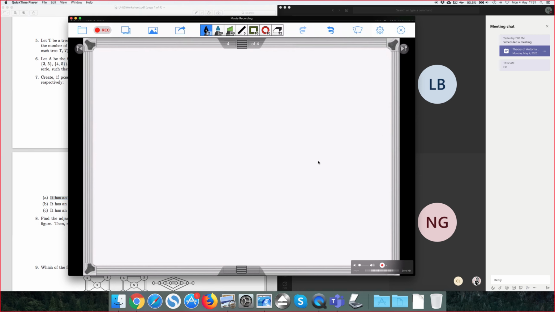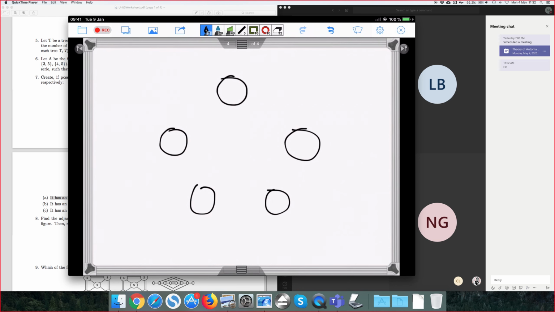Okay, so we need 5 vertices, and we need an Eulerian cycle, which can be seen also as a Hamiltonian cycle.